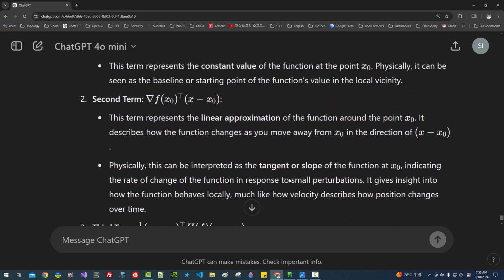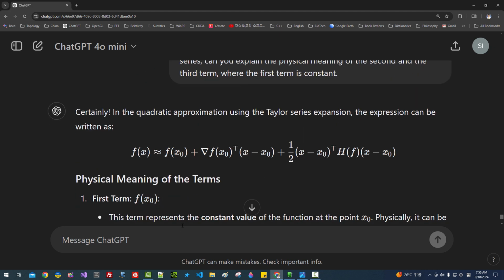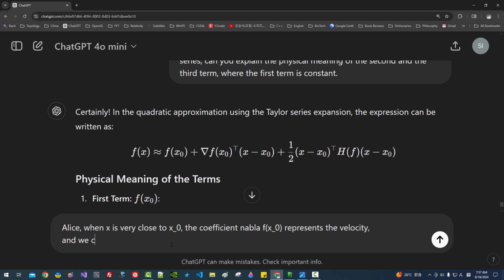I will scroll up here again. At least when x is very close to x0, the coefficient, nabla f of x0, represents the velocity, and we can find the Hessian matrix in the third term.